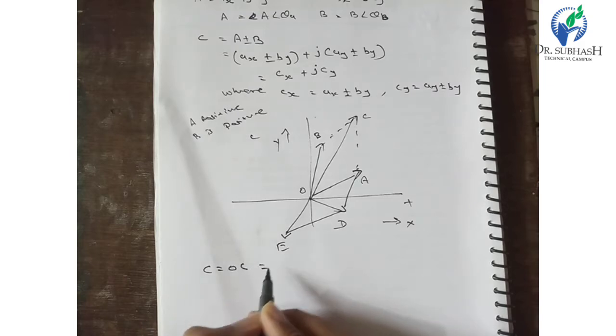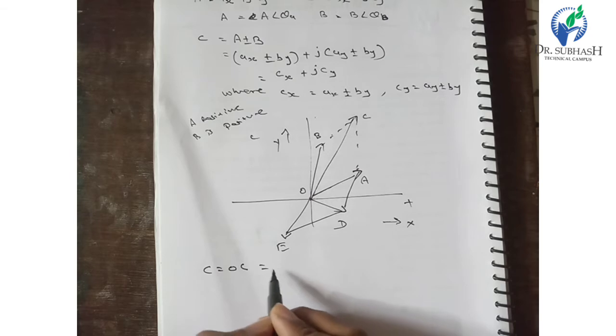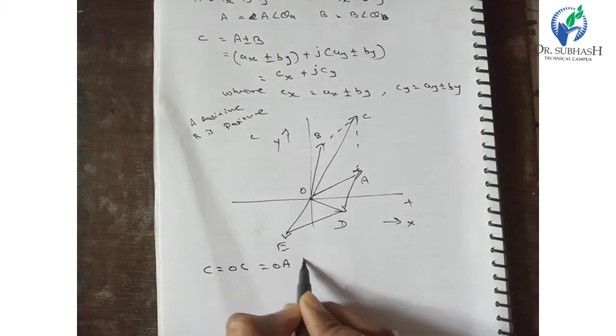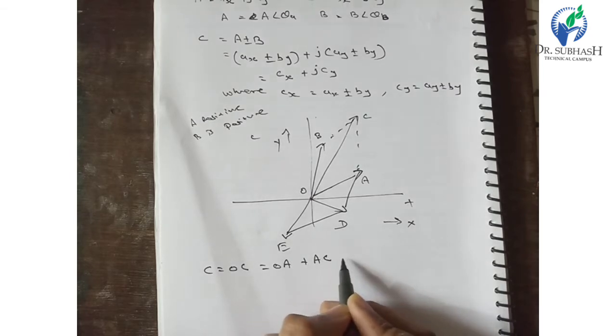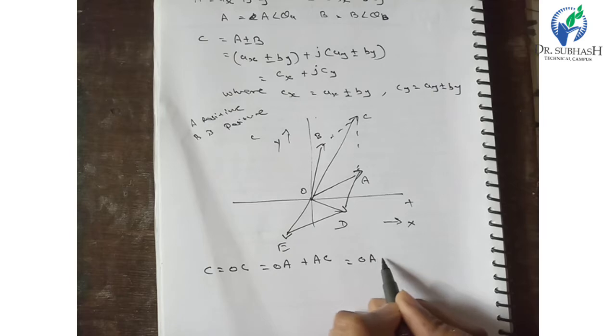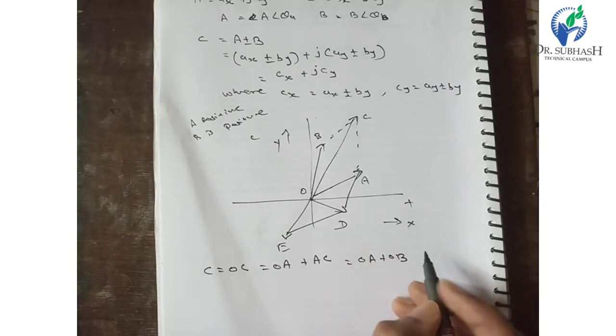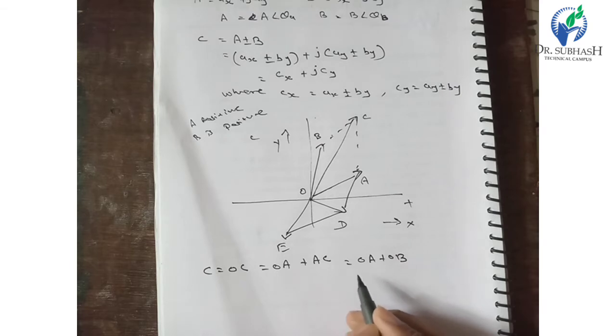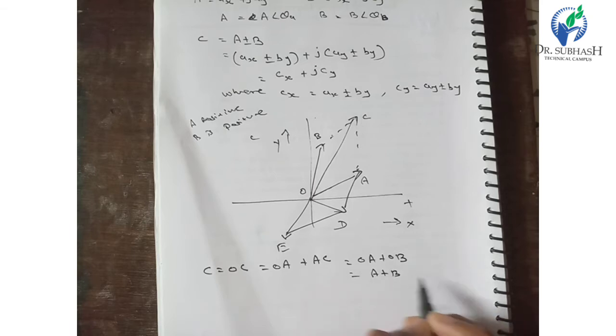So OC is equal to OA plus AC, and OA plus AC is equal to OA plus OB in this figure. Now, by using this figure, OA plus OB is equal to A plus B also.